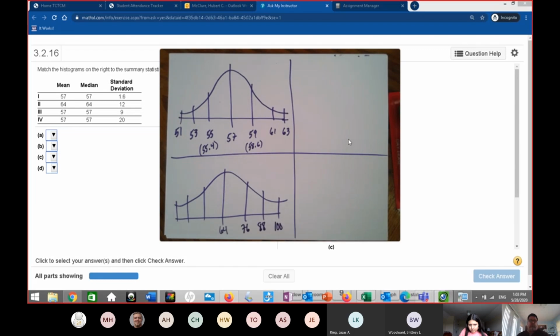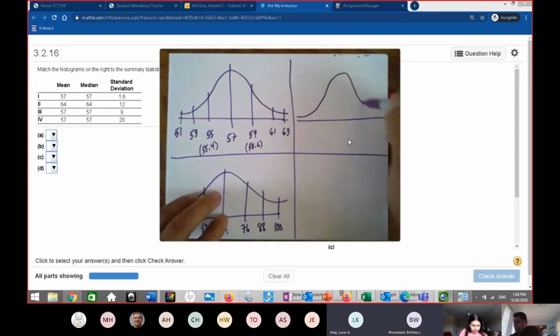Y'all check those numbers for me. 64 minus 12 is 52. 52 minus 12 is 40. 40 minus 12 is 28. Somebody check those for me. They're right.